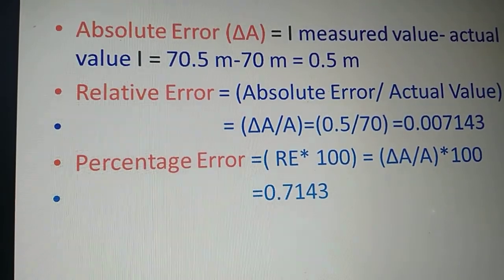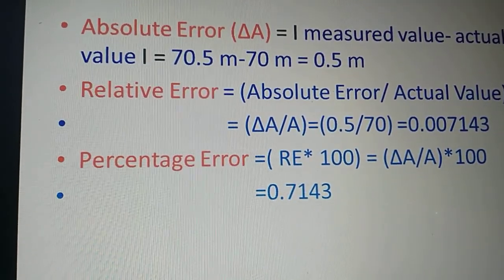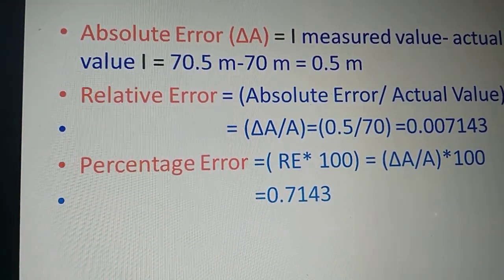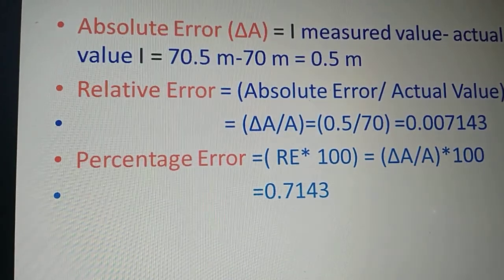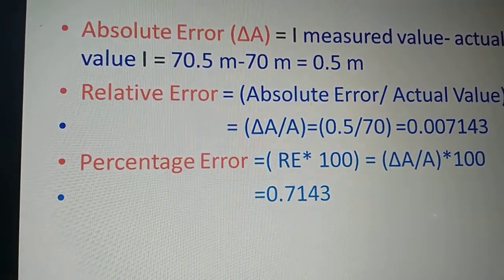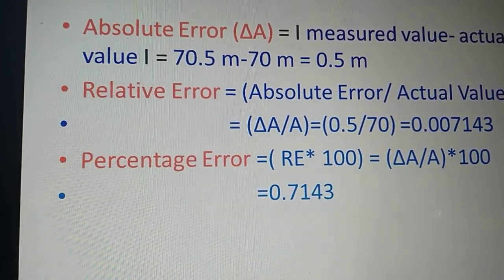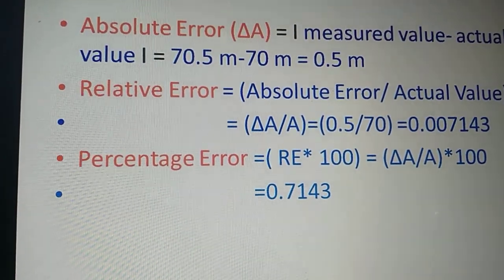And the third type of error is the percentage error, and this percentage error is the relative error into 100, which will give you the percentage error, and hence I can write the formula: percentage error is equal to delta A by A into 100.